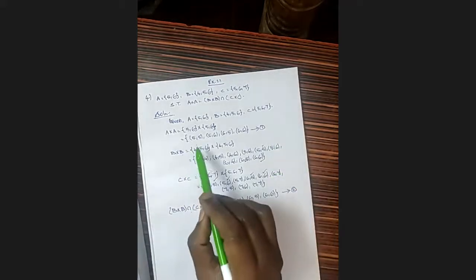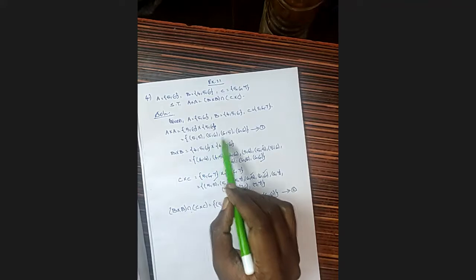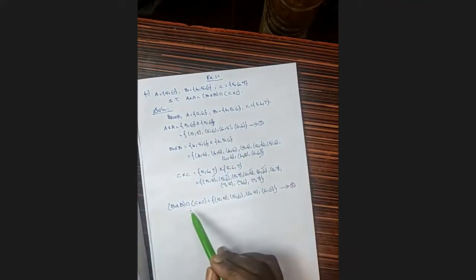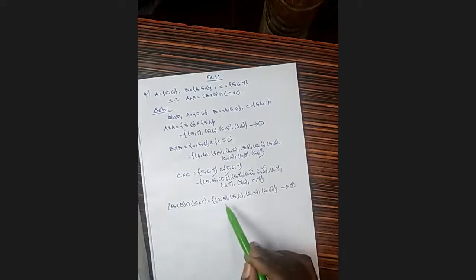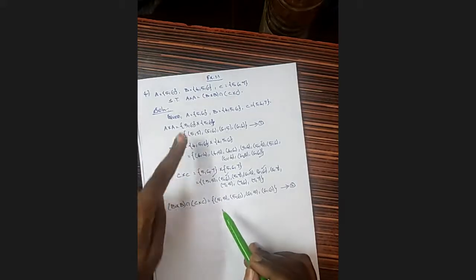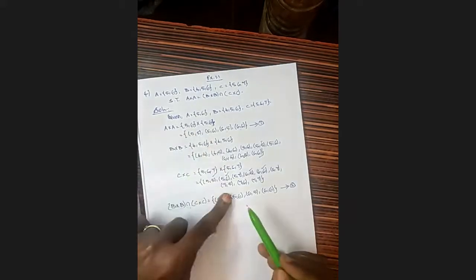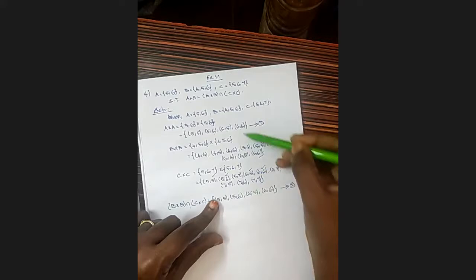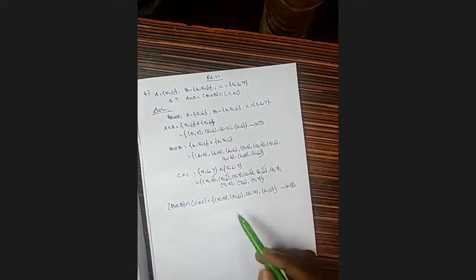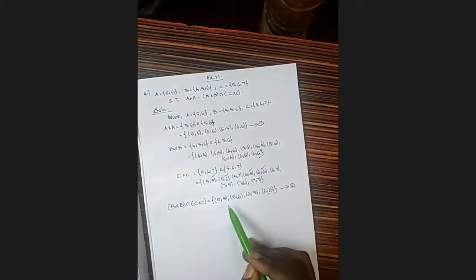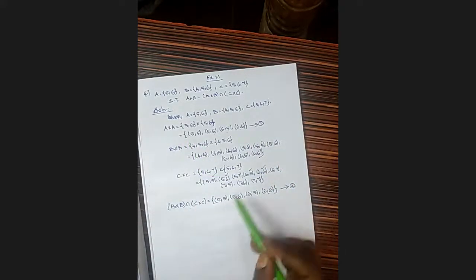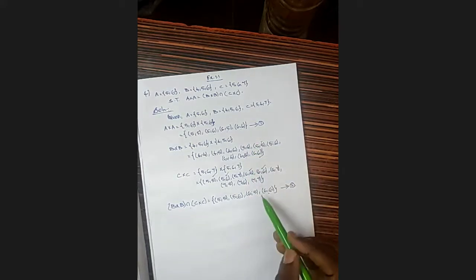In A cross A, we have (5, 5), (5, 6), (6, 5), and (6, 6). In B cross B intersection C cross C also, we have (5, 5), (5, 6), (6, 5), and (6, 6). So the LHS and RHS are equal. That is 1 equal to 2.